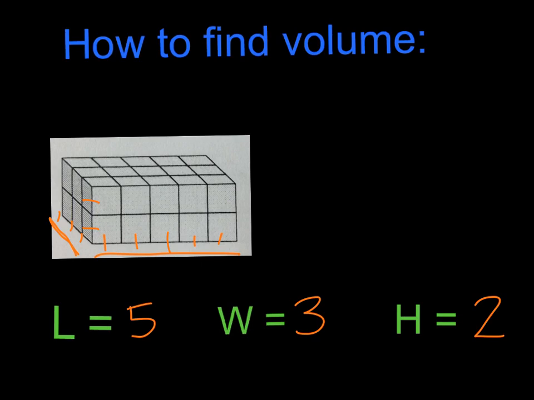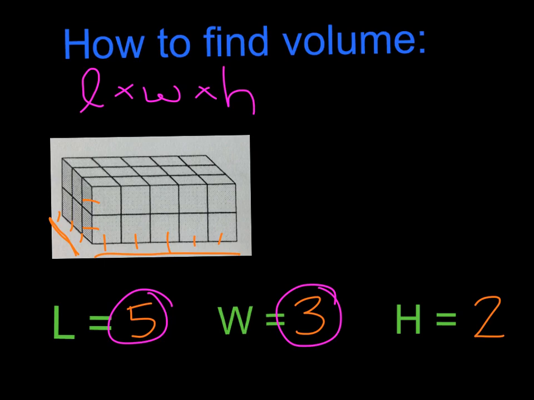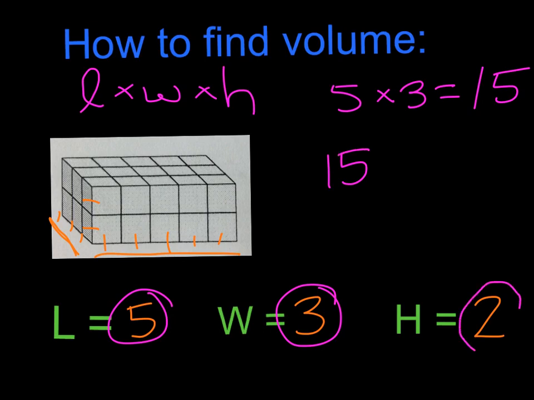When you're finding volume, remember you need to do length times width times height. So we're going to multiply all 3 of those. First I'm going to do 5 times 3, which I can do in my head, is 15. I'm going to take that 15 and multiply it by my remaining number, my height.